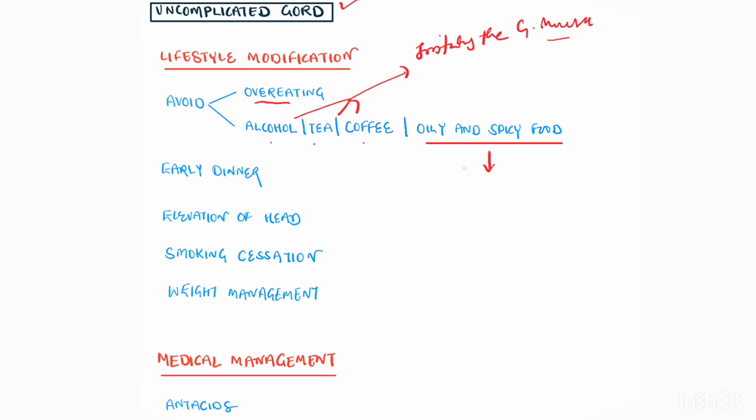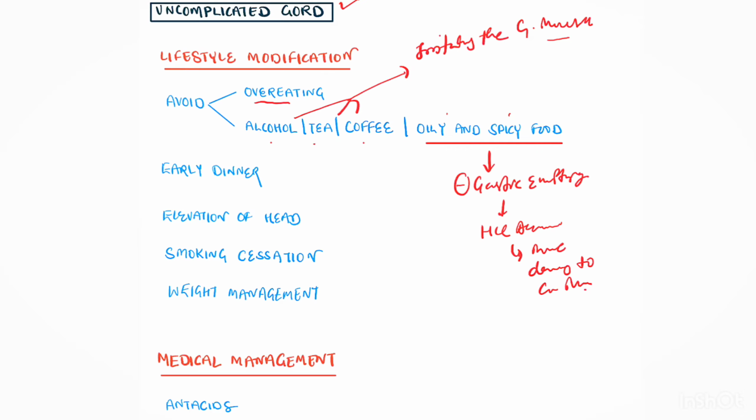How does this affect the production of HCl? These two factors, oily and spicy food, inhibit the gastric emptying. So the HCl accumulates and causes more damage to gastric mucosa. So these are the reasons behind these factors.